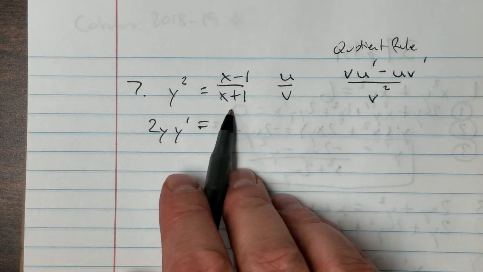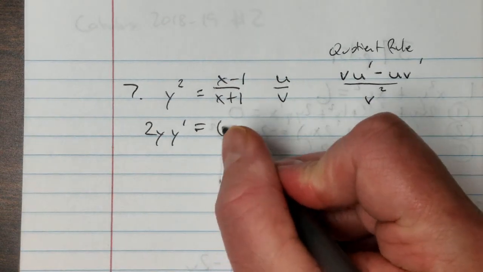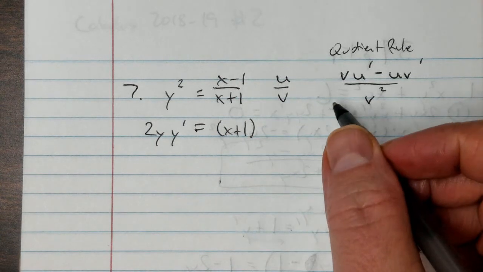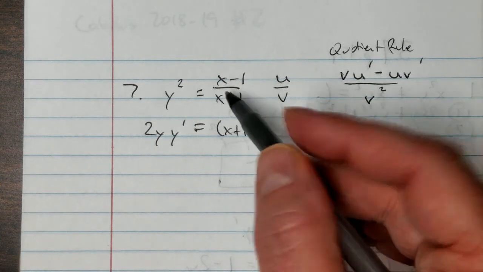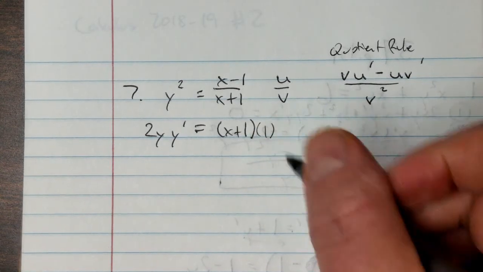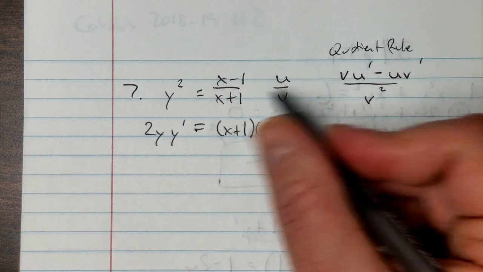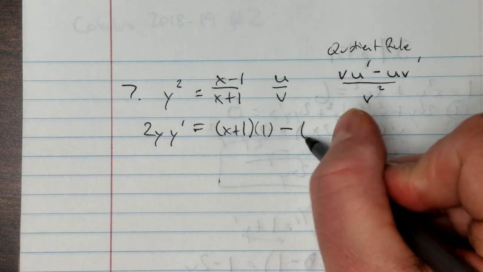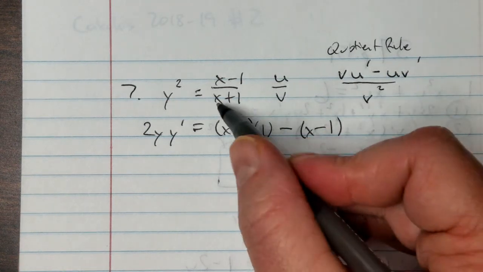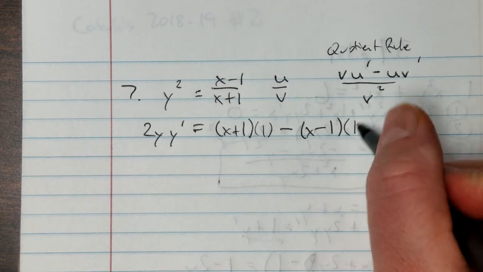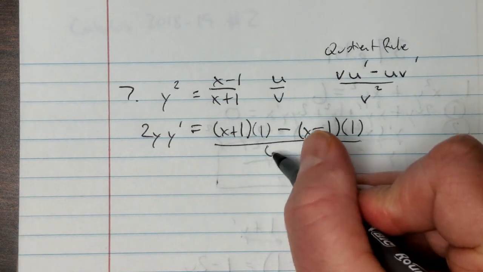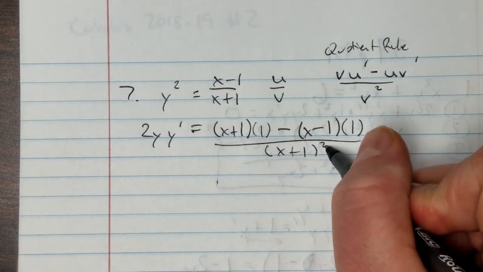And so we take our x plus 1, multiply by the derivative of x minus 1, which would just be 1, minus u, which is x minus 1, times the derivative of the denominator, which is also 1, over x plus 1 squared.